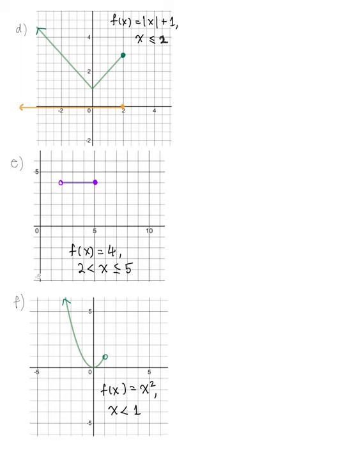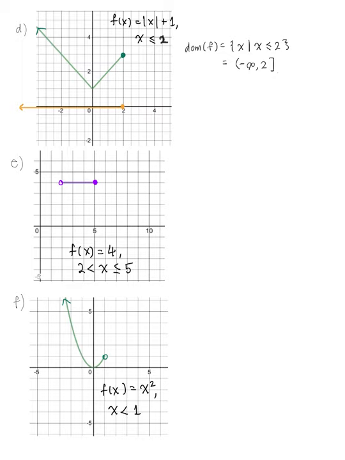This one includes 2. So our answer for the domain of f is the set of all x such that x is less than or equal to 2. In interval notation, it's going to be negative infinity to 2 closed. All right, so that's the domain.